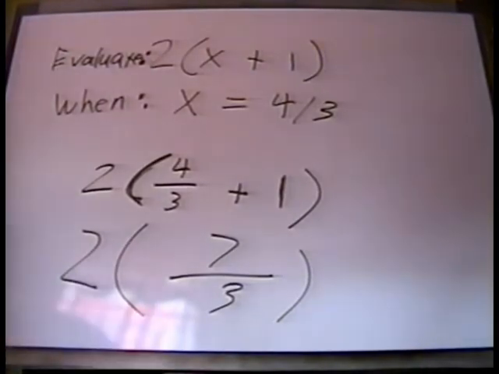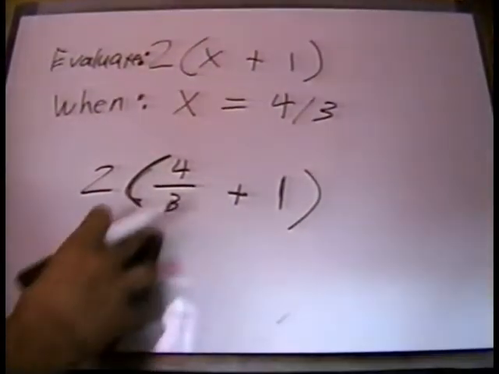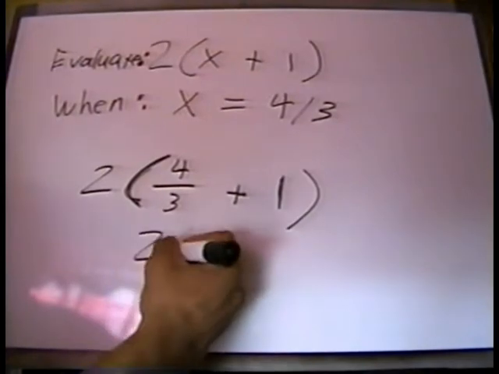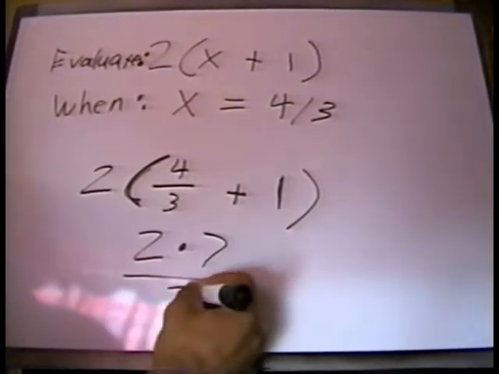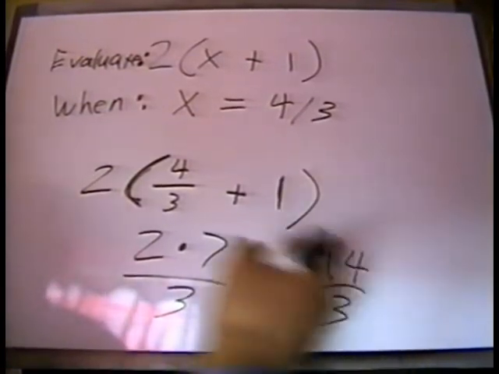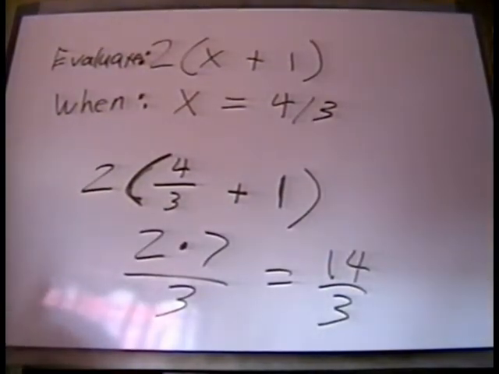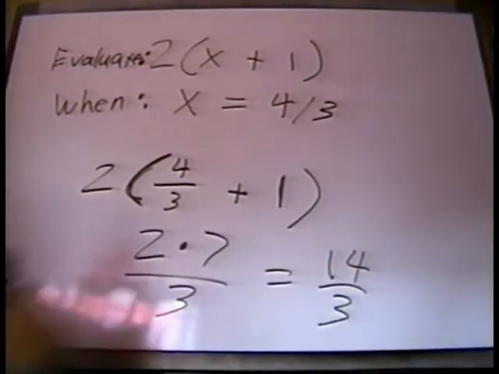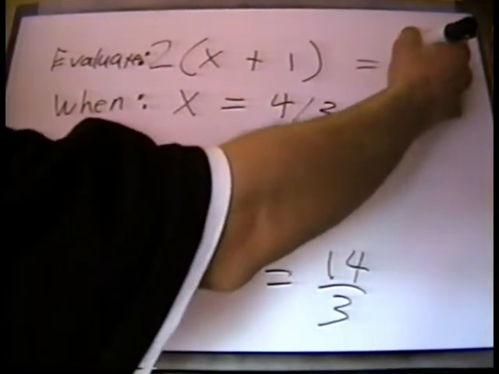So you get 2 times 7, which is 14/3. Now that's our answer, and this equals 14/3.